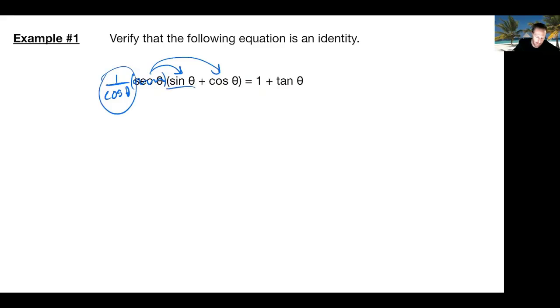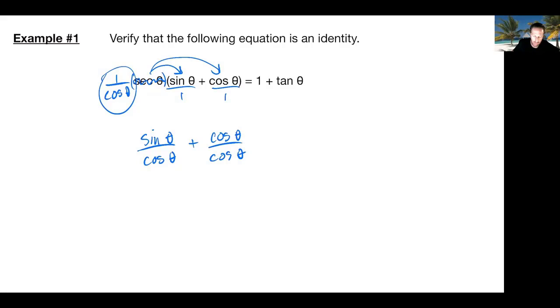Because then what I would get by making it a fraction would be sine theta over cosine theta, multiplying straight across. The 1 times the sine and the cosine times the 1. And then doing that here, I would get plus cosine theta over cosine theta.